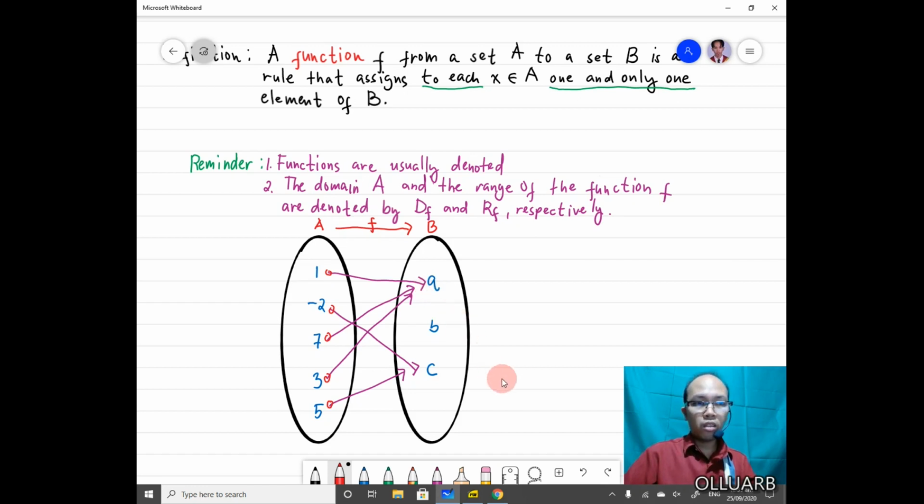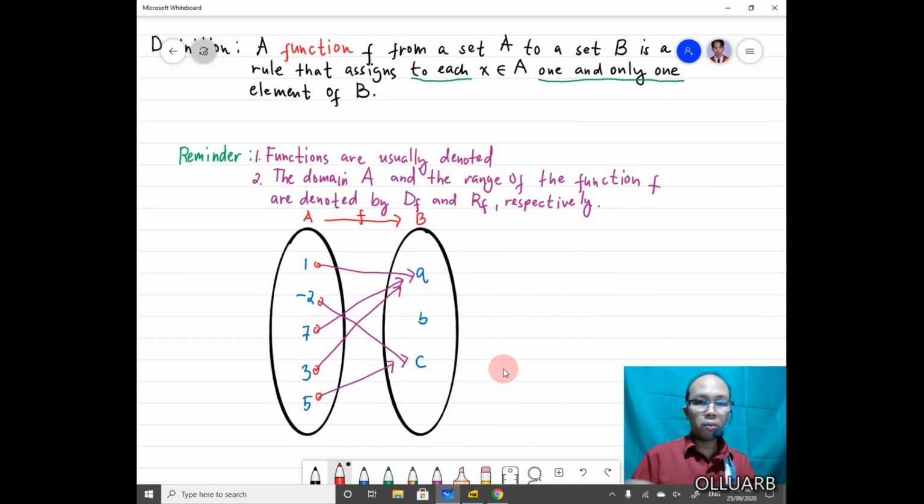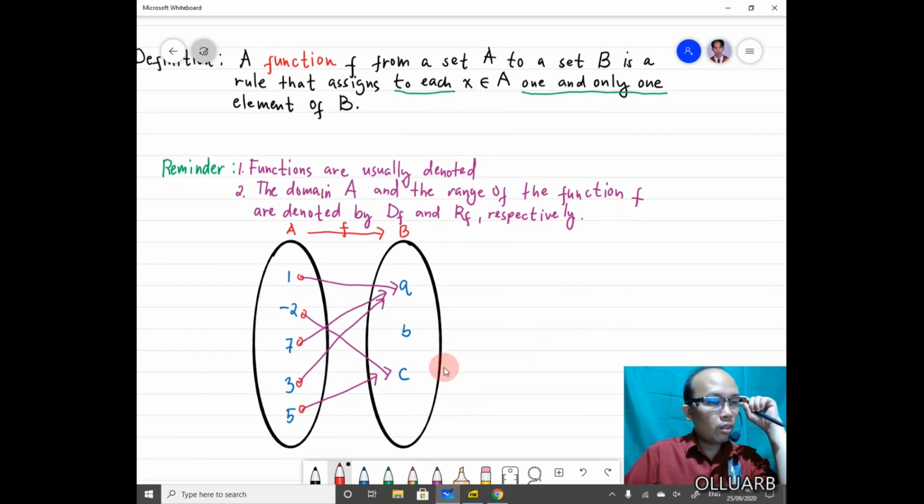So later, if you have an equation and you graph that equation, there are several ways to picture out if the graph is a relation or a function. I know this is very easy to understand.